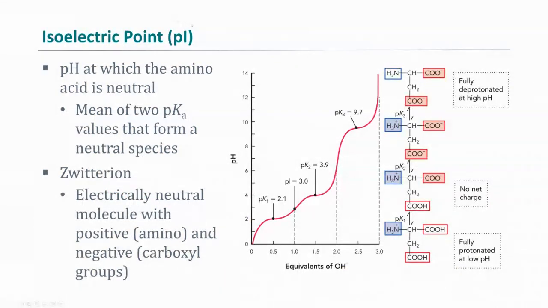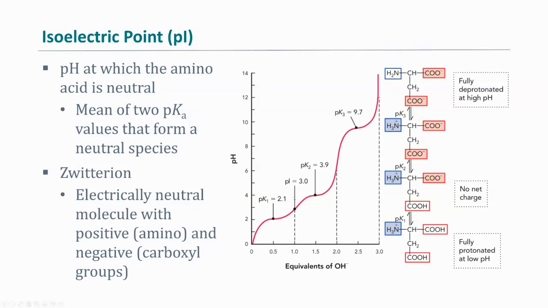The isoelectric point, the PI, is the pH at which the amino acid is neutral. For example, the PI here is neutral: we have a positive amino group and a negative carboxyl group. Going down, pK1, the carboxyl group receives a hydrogen ion and becomes plus one.